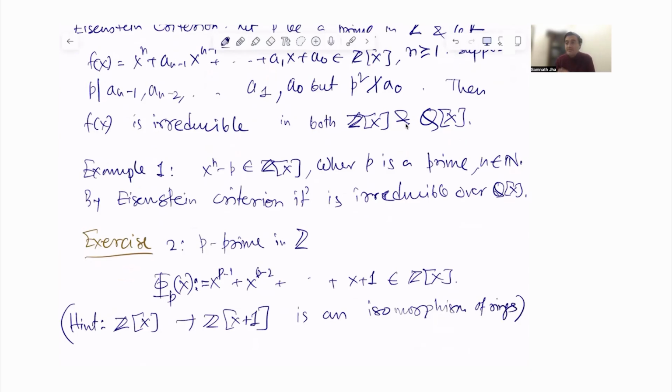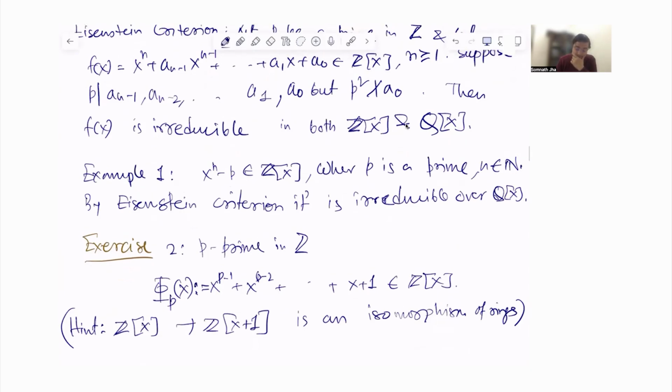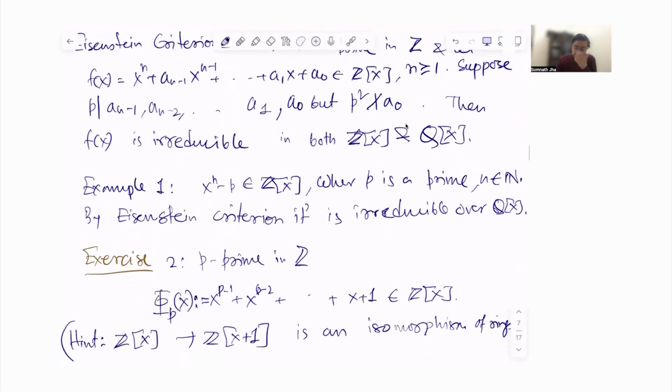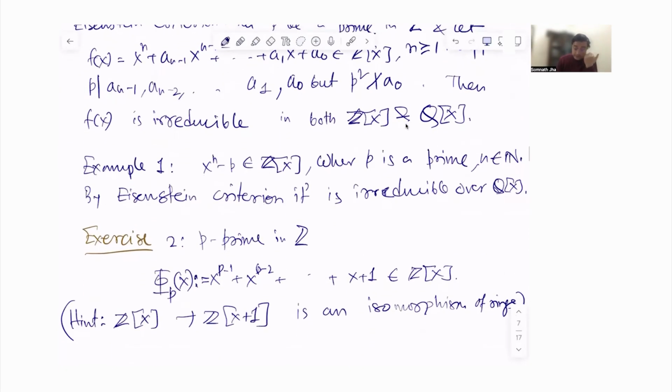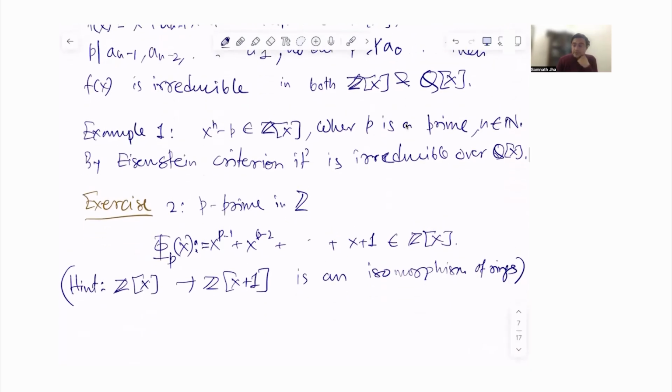So you can do a change of variable, x going to x plus 1, and then see what happens to this polynomial. You try to prove that. This is a very useful thing. And the root of this is e to the power 2 pi i by p. The polynomial satisfies this, so this is the irreducible polynomial which it satisfies. So this shows that this is an algebraic integer.